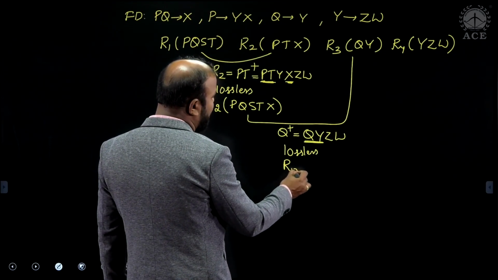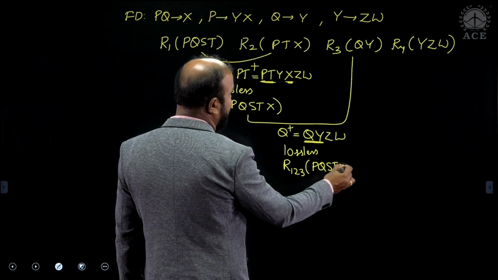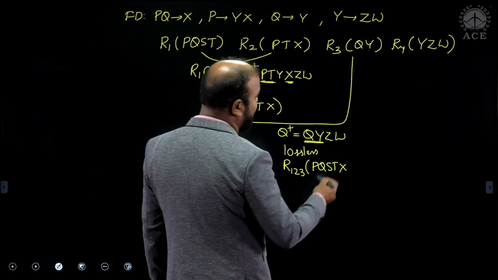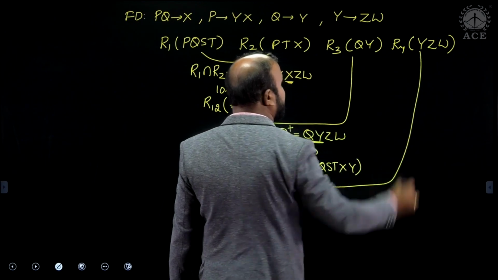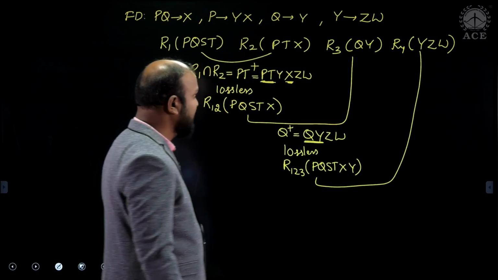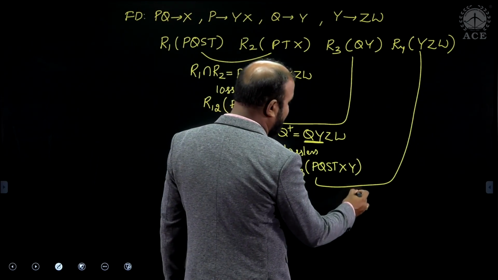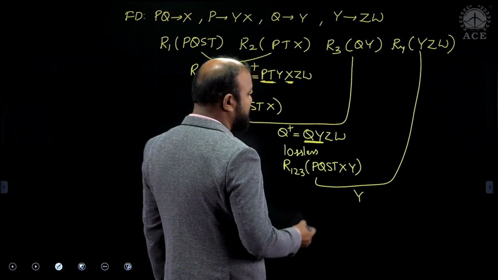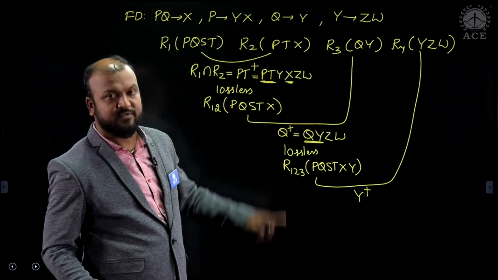Now, what are R123 attributes? R12 has P, Q, S, T, X, and R3 will add Q, Y; Y is also added. Now, this R123 is to be joined with R4. When you join these two, you have a common attribute, that is Y. This Y should determine either attributes of R123 or R4.